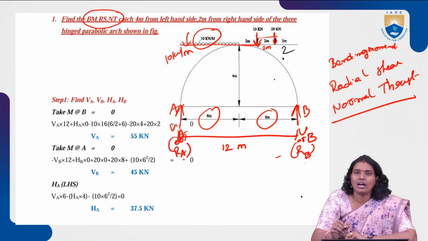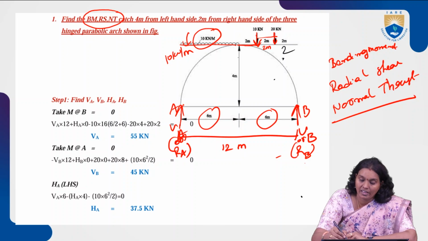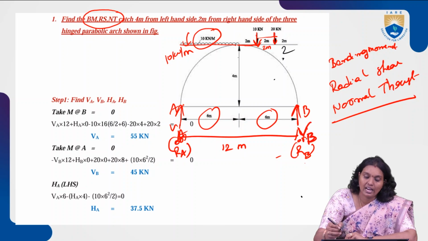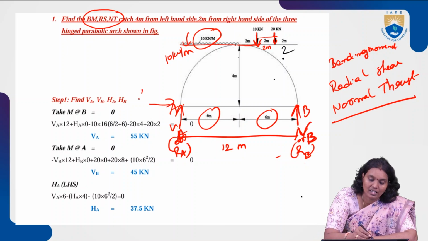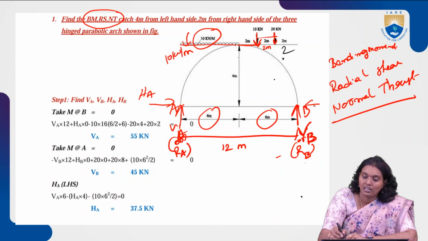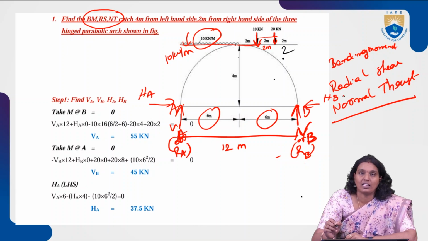Nothing wrong whether it is reaction at A or reaction at B, or vertical reaction at A and vertical reaction at B, and horizontal reaction at A and horizontal reaction at B. These are the parameters there.